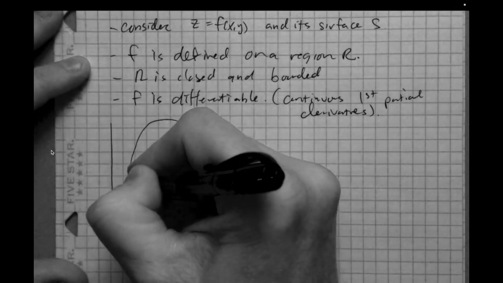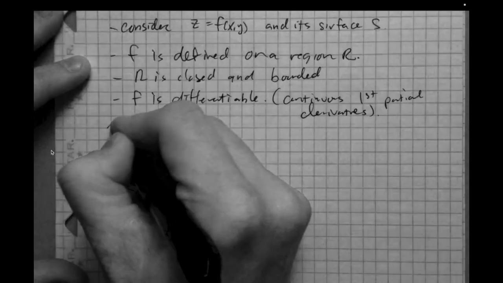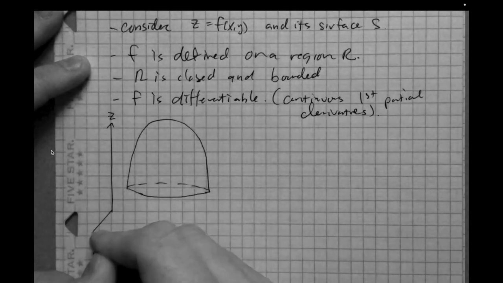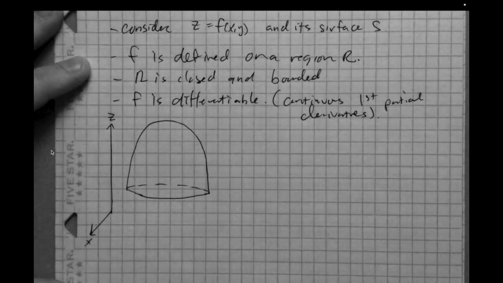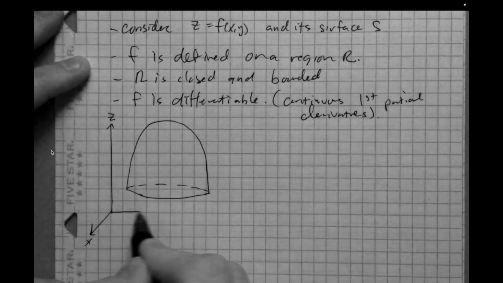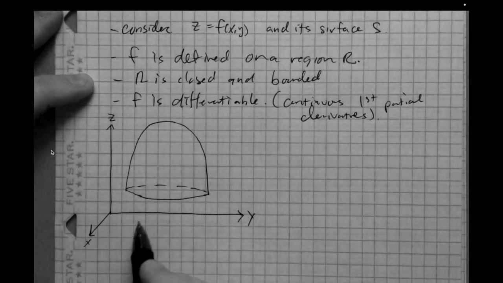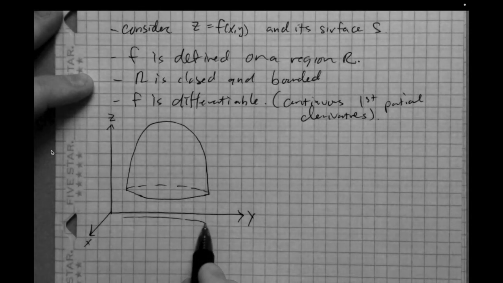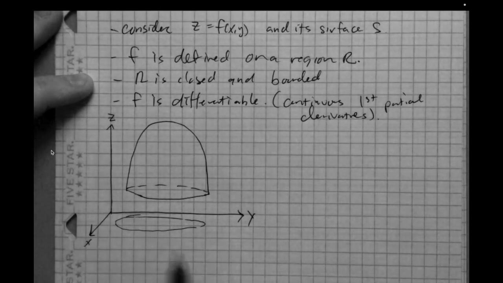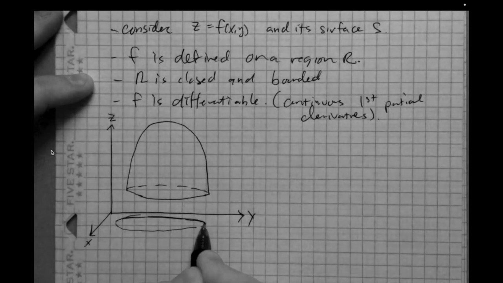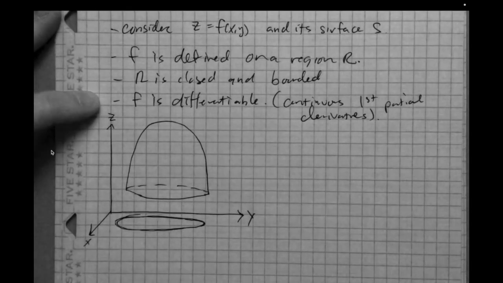We'll say that this is our z-axis over here. We've got our x-axis coming off like that, and then we've got our y-axis over here. And in the xy plane, we've got this region R. This is not a terrible drawing yet. It's pretty good.